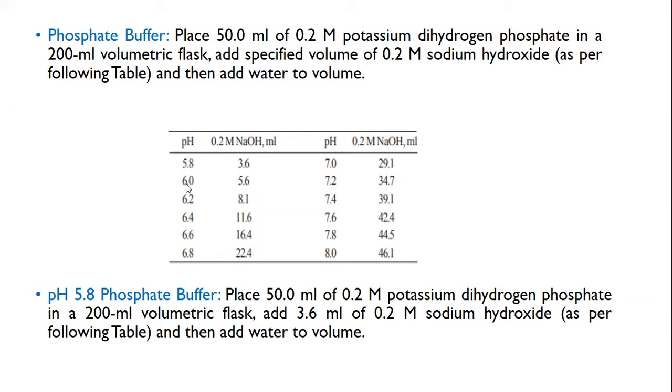For pH 6 we require 5.6 ml, for 6.2 8.1, for 6.4 11.6, for 6.6 16.4, for 6.8 22.4. If you want to prepare pH 6.8 phosphate buffer, take 50 ml of the 0.2 molar potassium dihydrogen phosphate plus 22.4 ml of the NaOH, and make up the volume to 200 ml with distilled water. Likewise, different pH phosphate buffer solutions can be prepared.